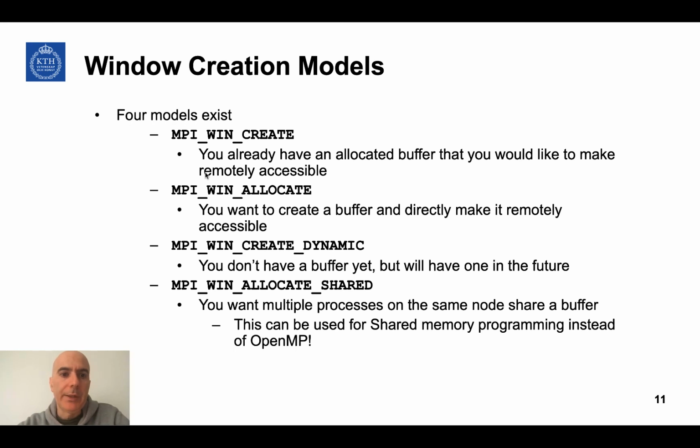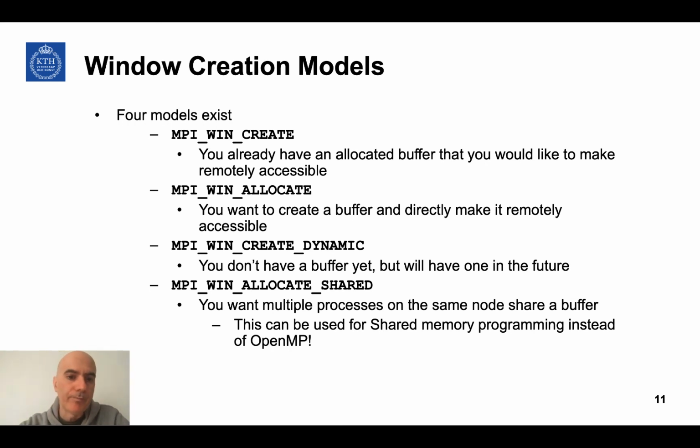The first one is to first allocate memory within the MPI process using MPI_Alloc_mem, and then we use MPI_Win_create. MPI_Win_create only works if we have already allocated a buffer that we would like to make remotely accessible.